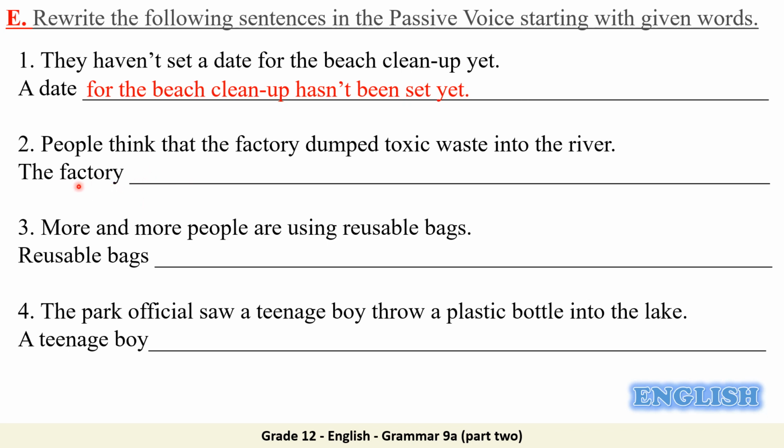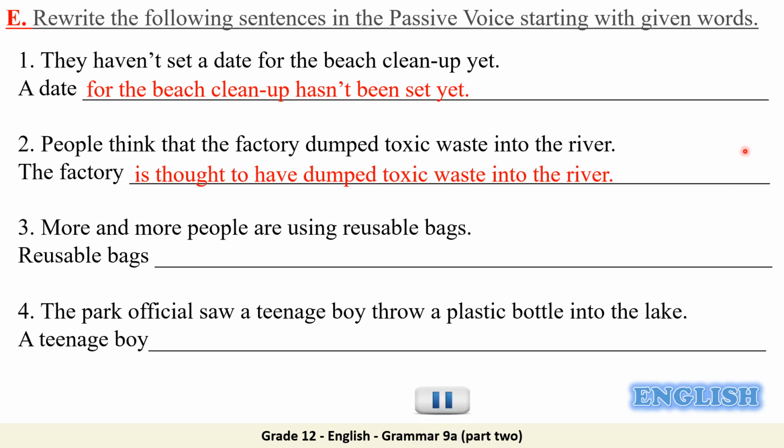So you say the factory is thought. What about verb number 2? It is past simple, so we use to plus have plus pp. The factory is thought to have dumped toxic waste into the river. Now pause the video and do 3 and 4.